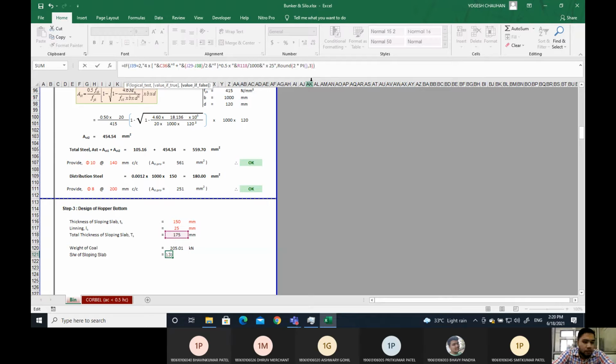So 2 pi, now 2 pi multiply by, or simply you can first write the symbol. Later on while calculating we will add that. So 2 into pi.